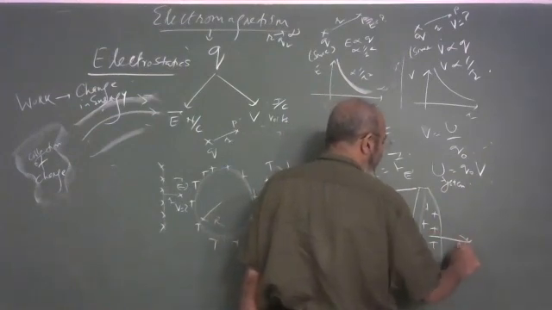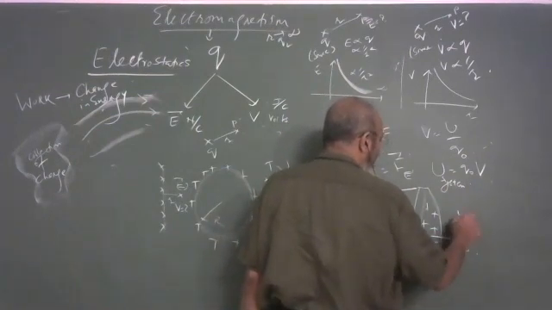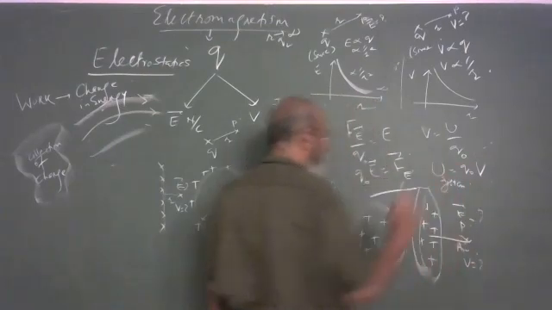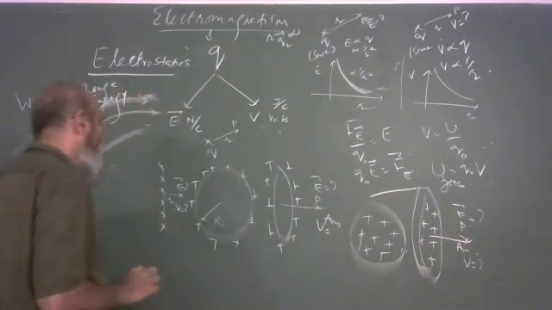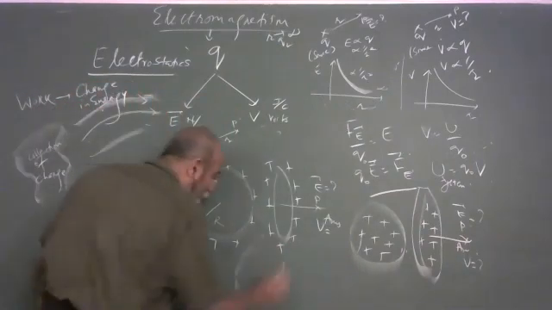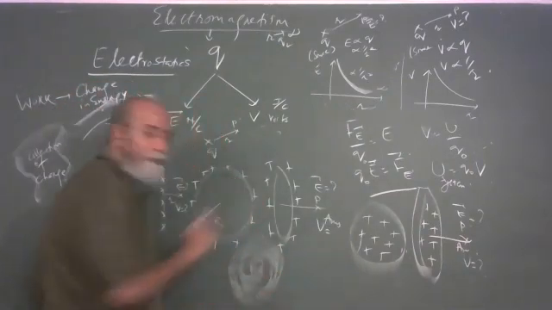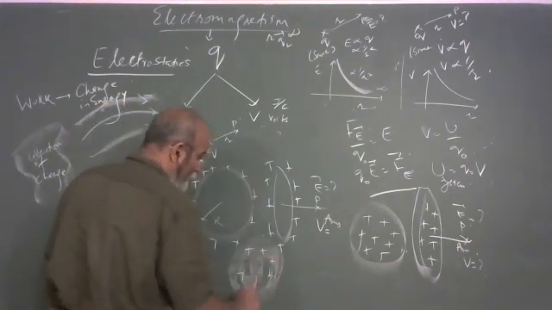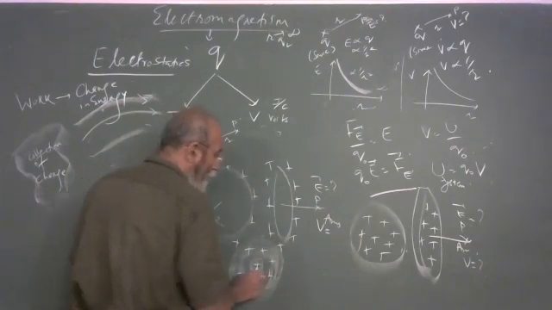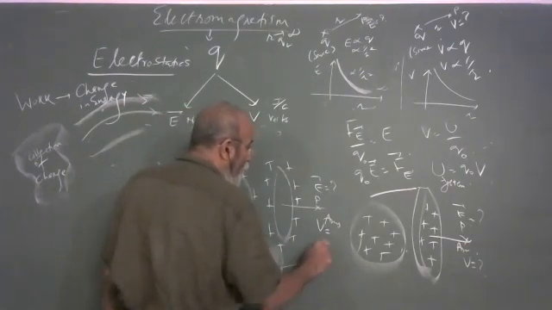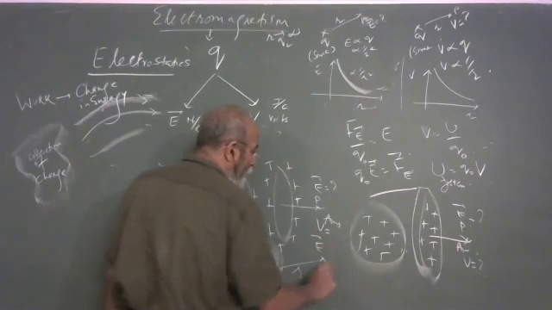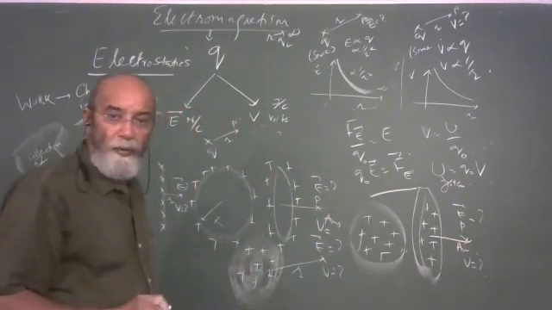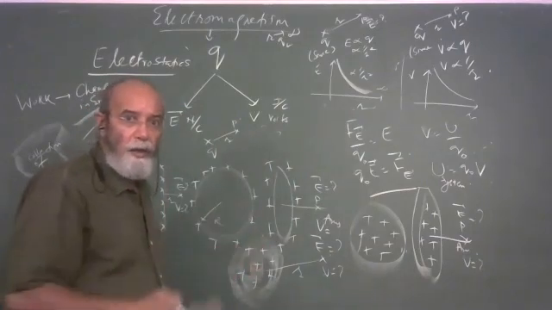Axis of the disk. At P, what is the electric field? What is the potential? Sphere. At R, what is the electric field? What is the potential? Hollow spherical shell.